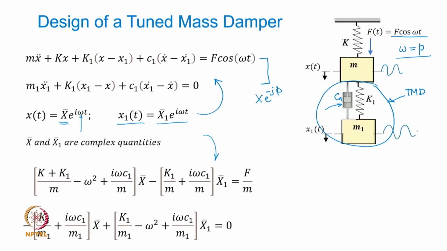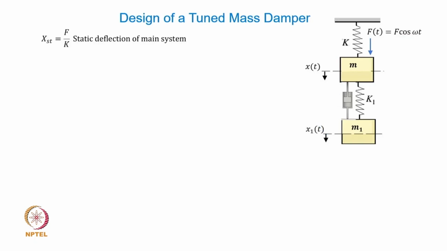Okay, so how to get x1 bar and x bar, and obviously we will try to normalize those response expressions by using appropriate quantities. So what we do is assume again static deflection xst of the parent system as f by k, and introduce few more terms like this one.